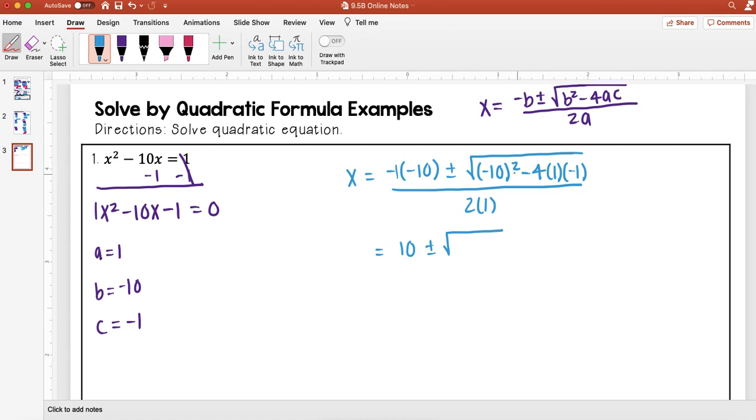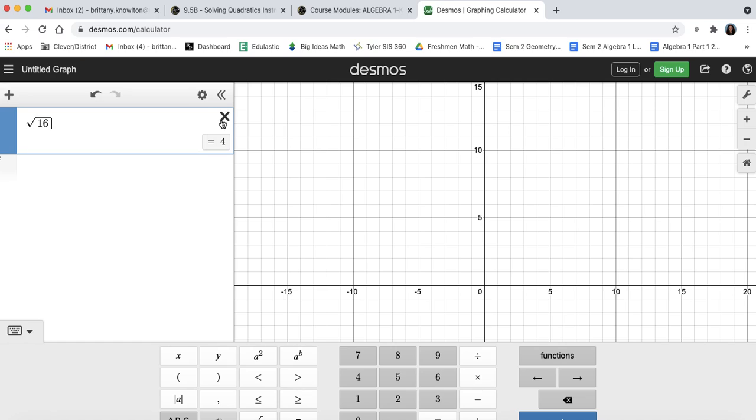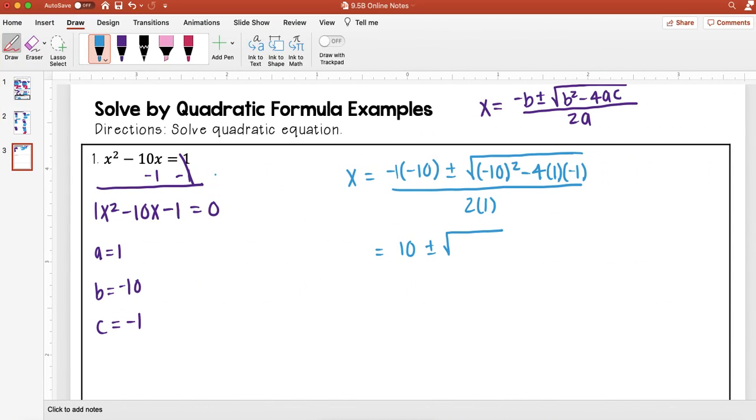square root. Here I'm just going to go ahead and enter all of that information into Desmos. But you do need to be careful. When I have negative 10 squared, it's very important that you put parentheses around your negative 10. Minus 4 times 1 times negative 1, and I get that this comes out to be 104.